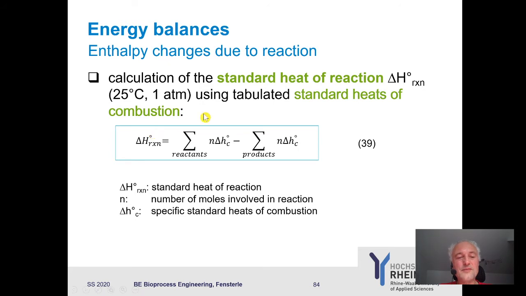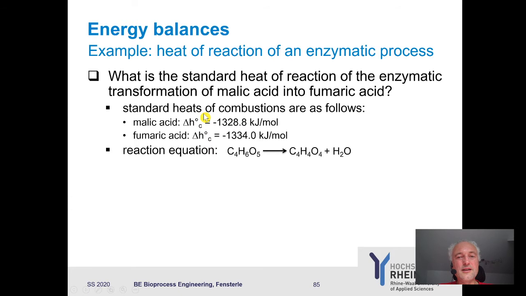Now, if you want to calculate the heat of reaction of an enzymatic process, your question could be: what is the standard heat of reaction of the enzymatic transformation of malic acid into fumaric acid? That's again what you have more or less learned in chemistry.